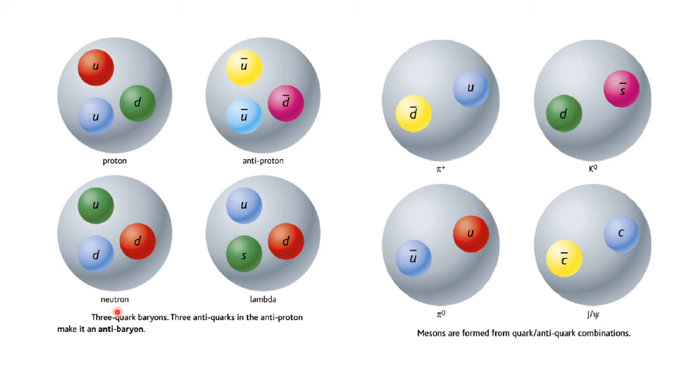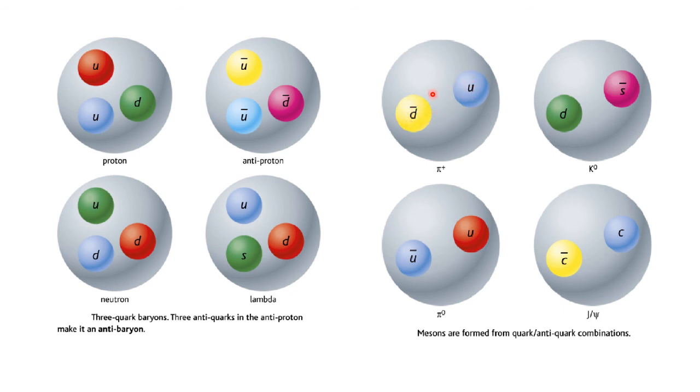When it comes to the antineutron, it has to be anti-up, anti-down, and anti-down: 2 anti-downs and 1 anti-up. When it comes to the kaon, one example is D bar with U. So this is an antiquark and this is a quark.